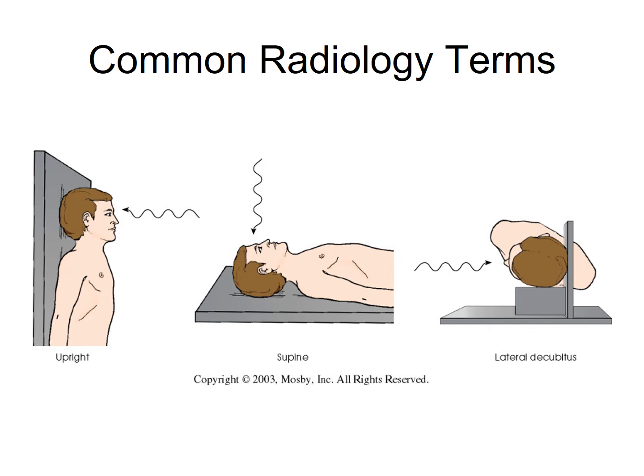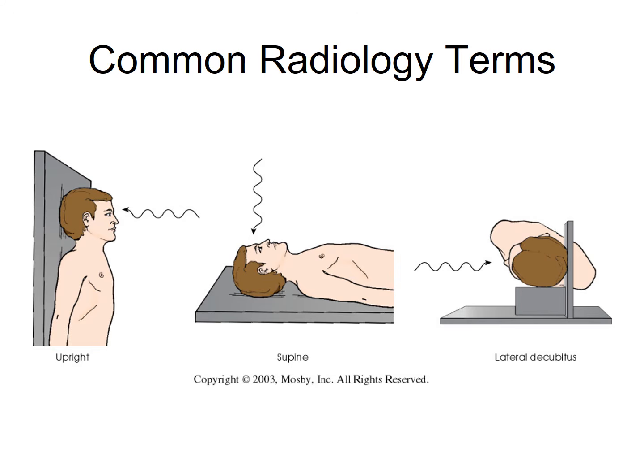And any position where the patient is lying down, whether it's supine or prone, we can also say the patient is recumbent. So the opposite of upright is recumbent. And then we could take it a step further and say, is the patient lying face up? Okay, they're recumbent, but if they're lying face up, they're supine. If they're lying face down, then they are prone.